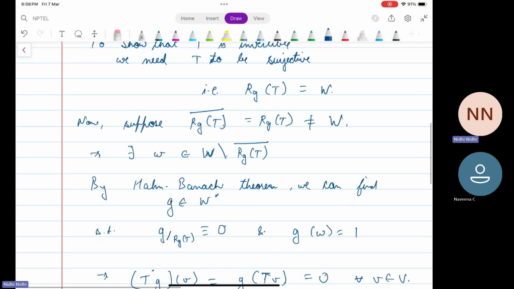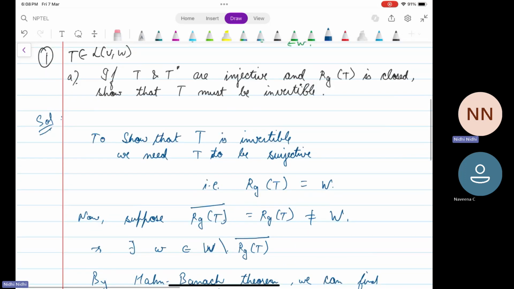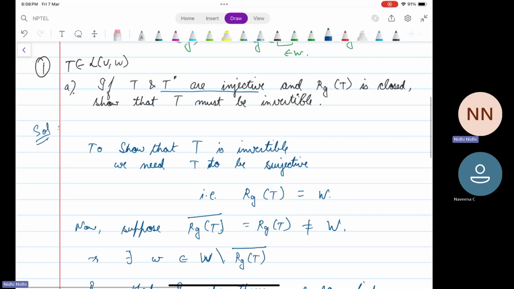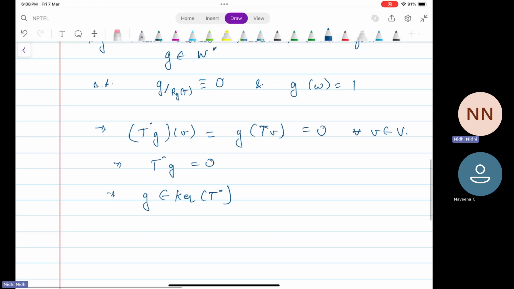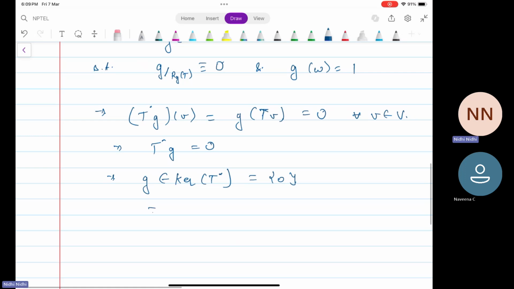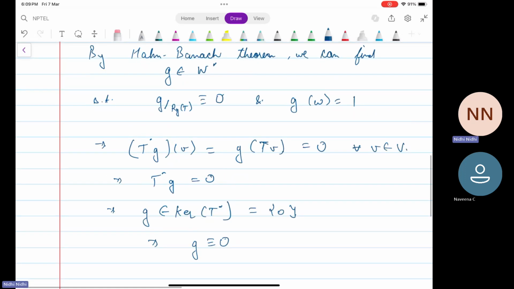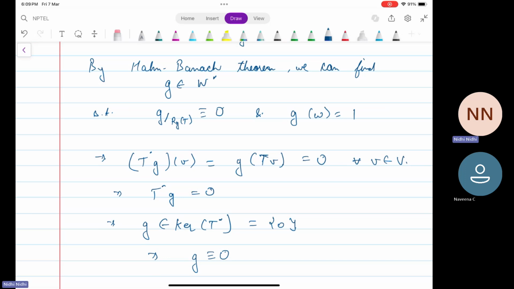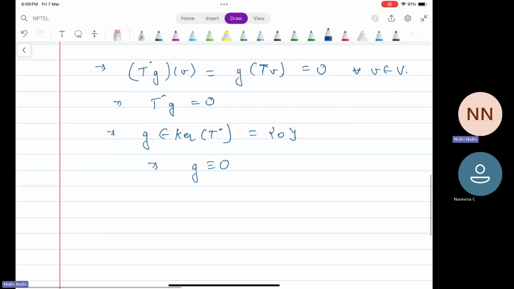Now since T star is injective, kernel T star is the singleton 0. This implies that G should be trivially 0. But we had taken G to be a non-zero functional, which gives us a contradiction.